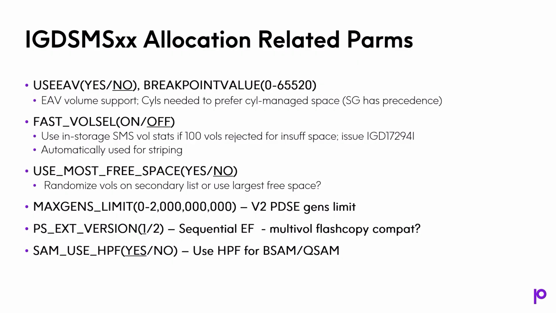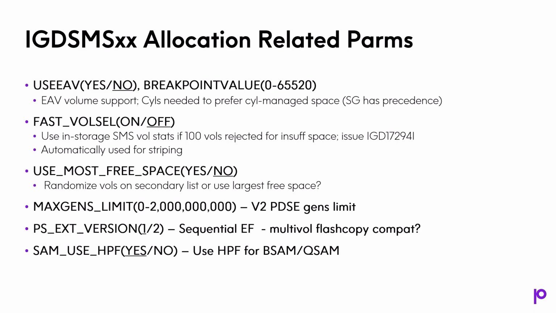Another place you might want to consider doing that is the use most free space parameter. The default is no, but when I allocate a data set, SMS is going to try and choose the volume that is most appropriate, and it will come up with a group of volumes in the primary list that I can allocate to without going over the limit.